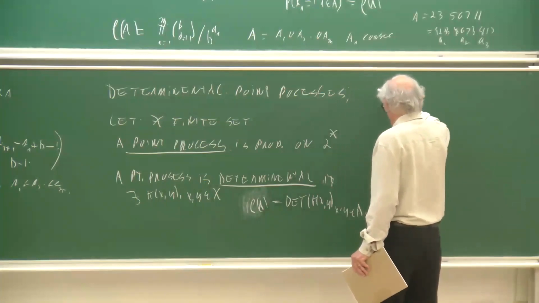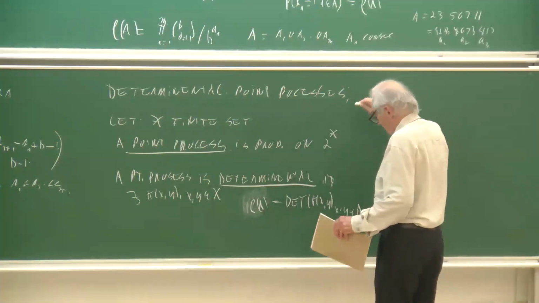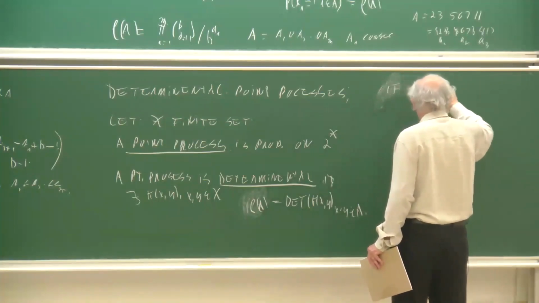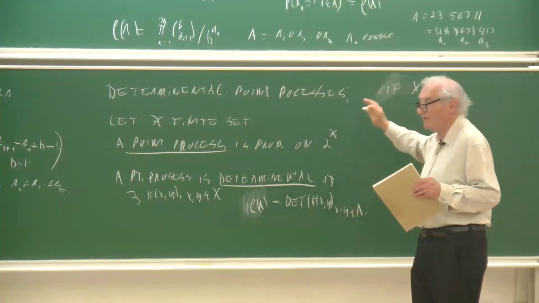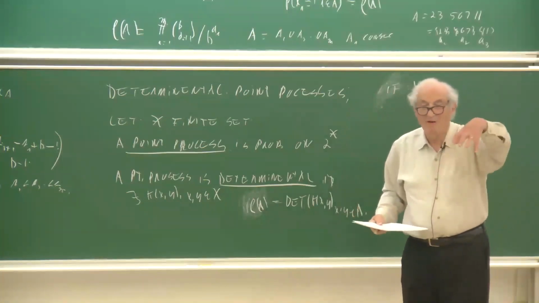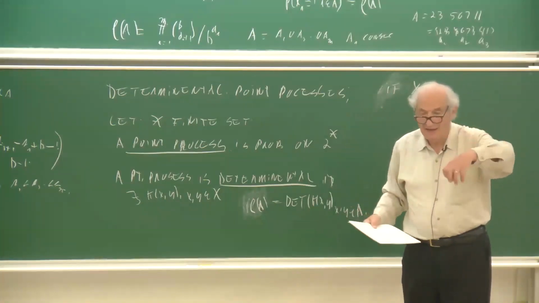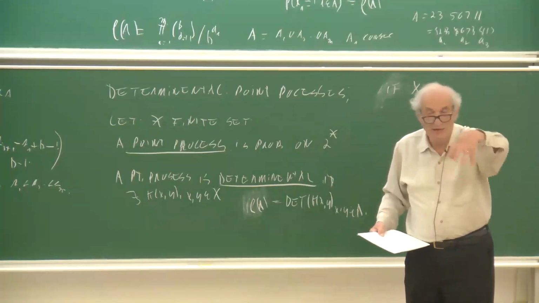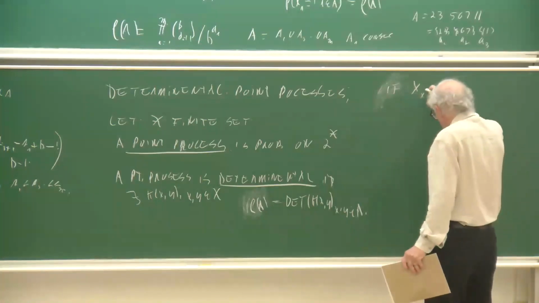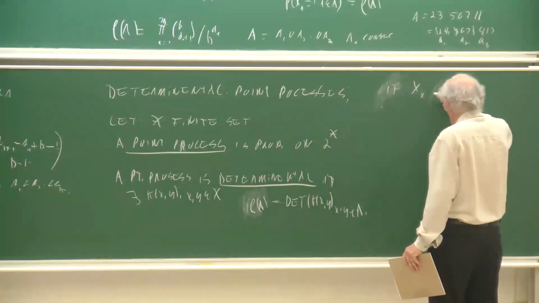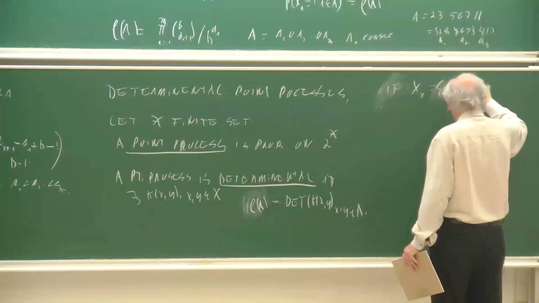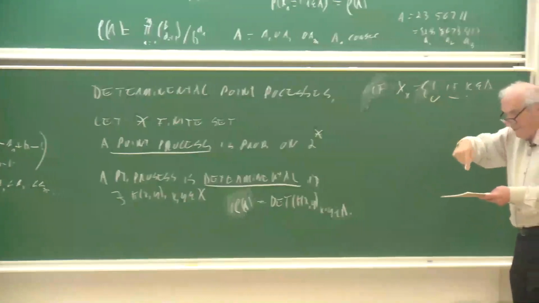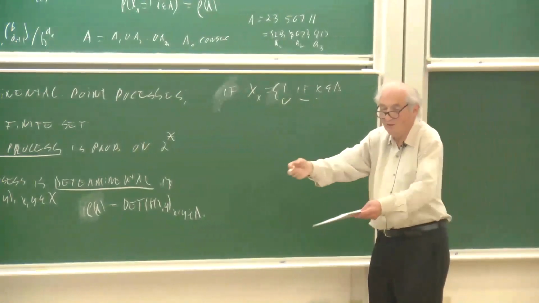So a point process is a way of picking a set at random. I've given you, for each possible set, a weight, and then you can imagine picking a random set A with those weights. And if, for each point x, chi of x is equal to 1 if x is in this random set and 0 otherwise, that's the indicator function: is there a point or not?